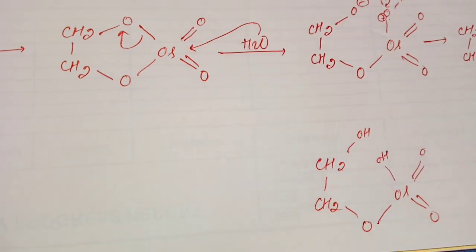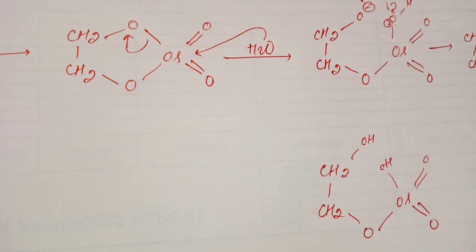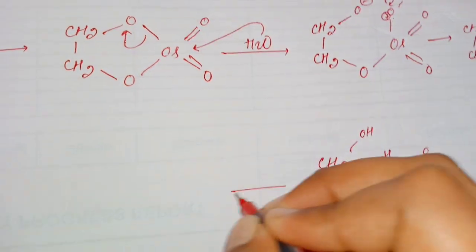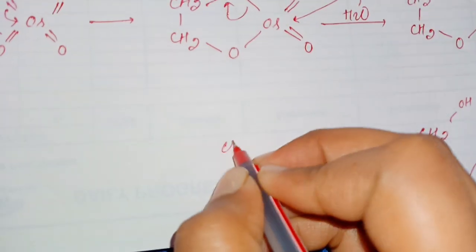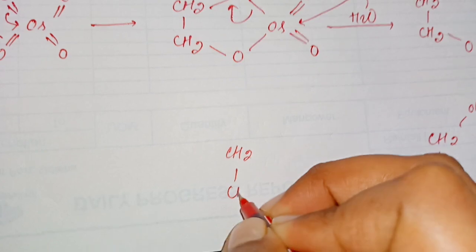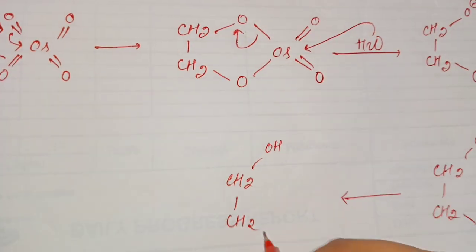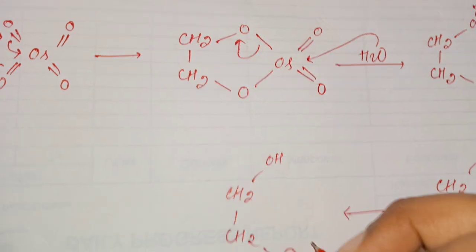Here again water will react and attack here, and this bond will break and come to the oxygen. So what it becomes is CH2-CH2 with alcohol here, O negative.